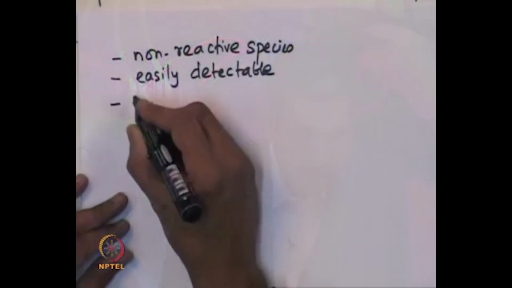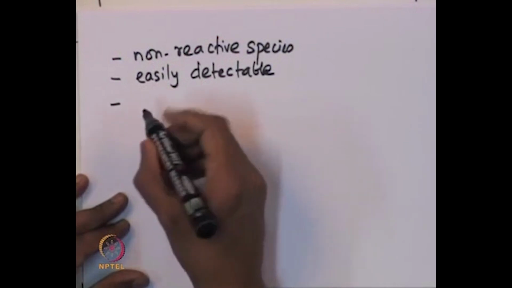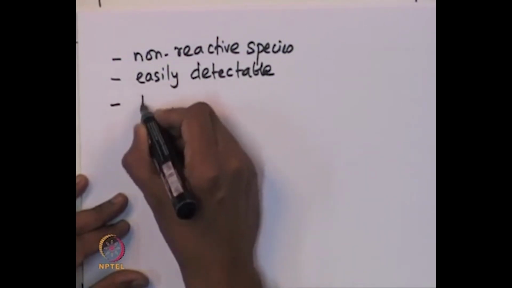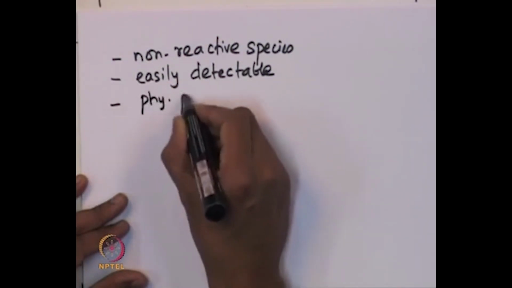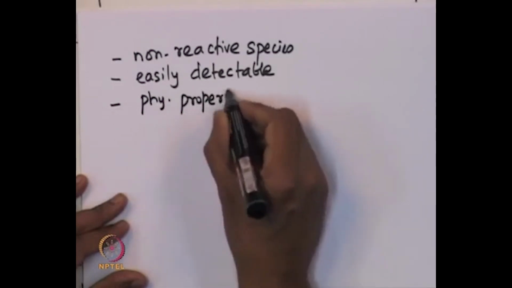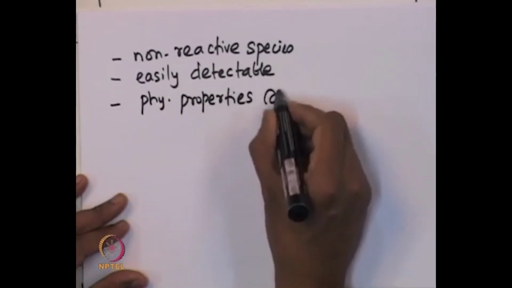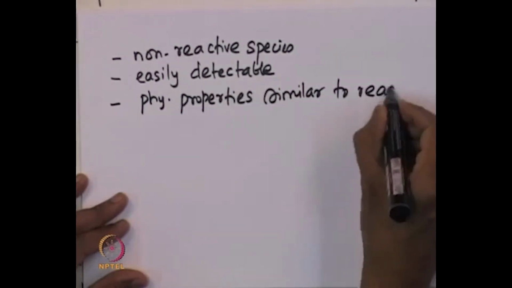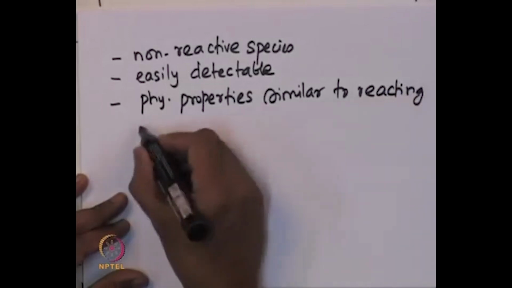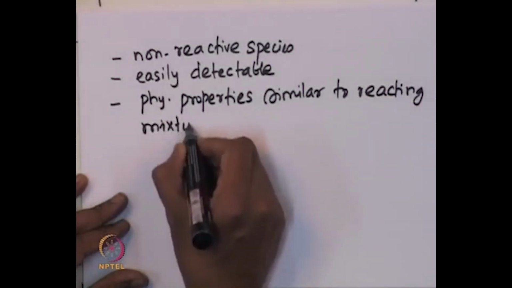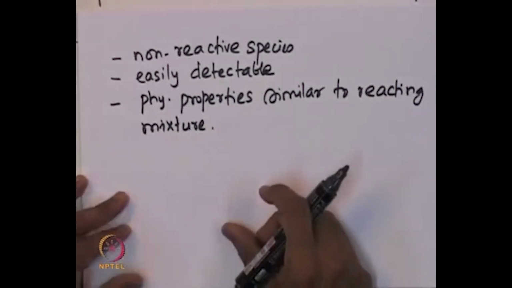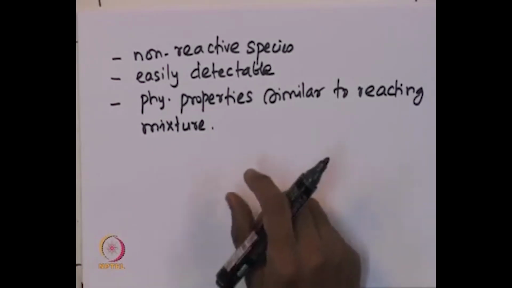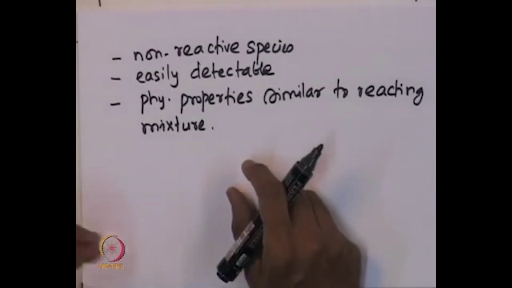The physical properties should be similar to those of the reacting mixture. If the physical properties are not similar, then it does not reflect the exact flow behavior of the reacting mixture, which is of interest to study.